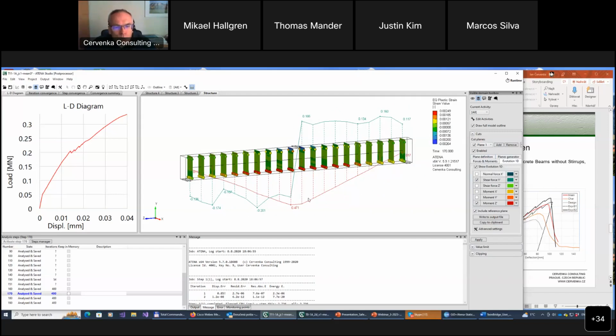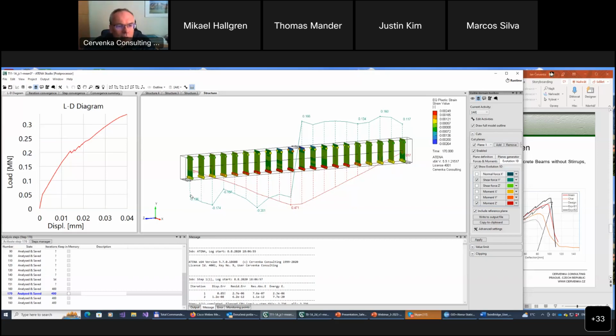However, I want to bring to attention that we need to understand that these internal forces are calculated by integration of stresses. And the stresses, especially if we have a little bit coarse mesh, are not so accurate. You can see that the moments are typically quite nice because the normal stresses are usually quite well represented.